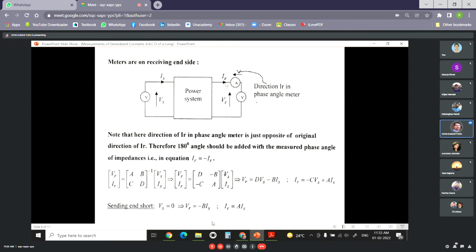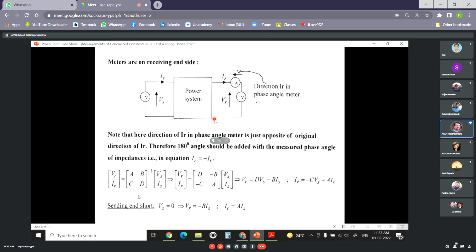The current flow should have been in this direction, since the meters are on the receiving end side. The supply is present here, but the phase angle meter is measuring the current in this direction, as you can see. So this is the direction of IR in which the phase angle meter is measuring.